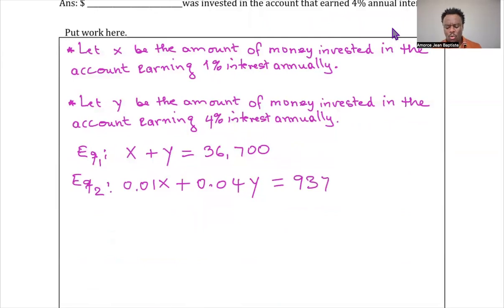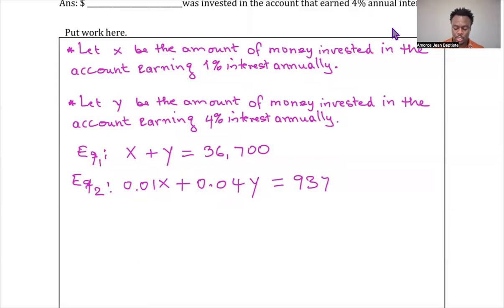Since I don't want to work with those decimals, and they are two-digit decimals, I'm going to multiply the second equation by 100, so I can have only whole numbers.